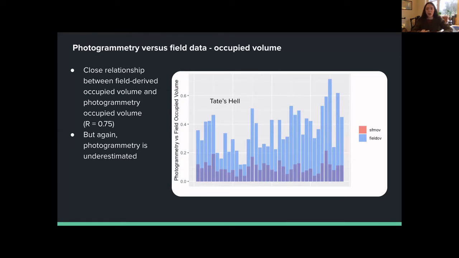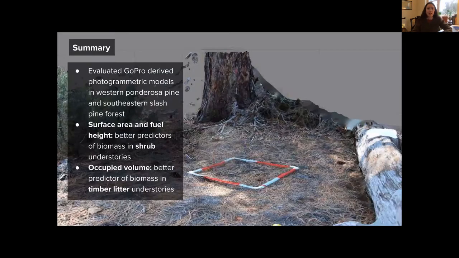This is still an ongoing project, so we're also looking into ways that we might adjust how we calculate height or occupied volume in our photogrammetry data to reduce the disparities we see here and make sure that we're actually capturing this information accurately. So to summarize this work, we evaluated GoPro-derived photogrammetric models in a western ponderosa pine and a southeastern pine forest to see if this affordable, accessible method of data collection could be used to predict biomass and structure of understory fuels.